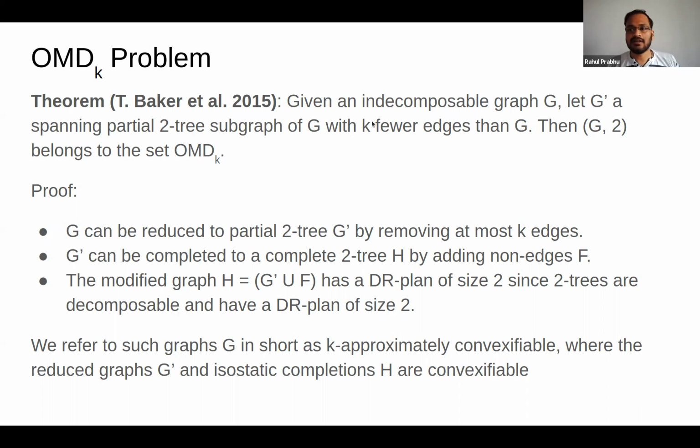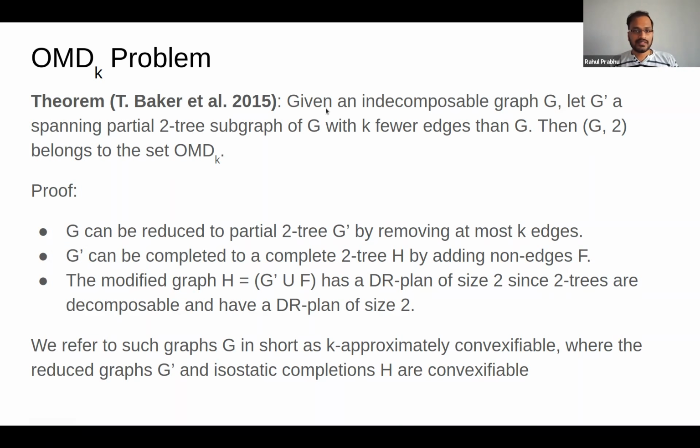That is, you start with the original graph that's indecomposable, then you modify it, and now your DR plan has size 2. You can decompose it into two rigid subgraphs. They proved this for 2D, I think.